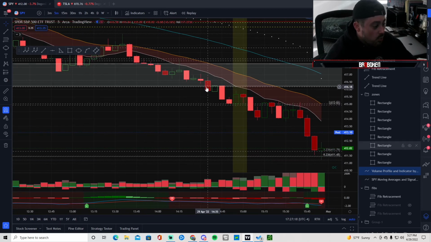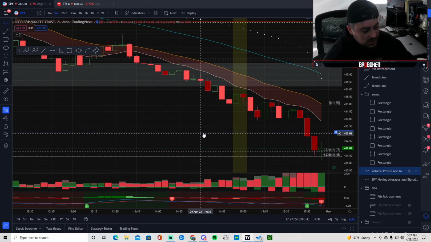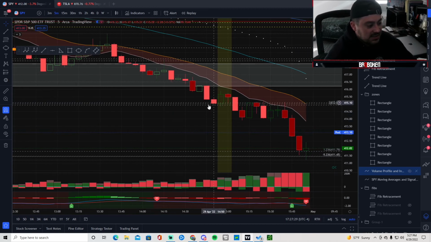I started to see even more selling volume at the bottom of my zone, so I was liking puts. I wasn't 100% sure. As it came down to this level on the Fibonacci retracement, a key level, you saw it got support right there.